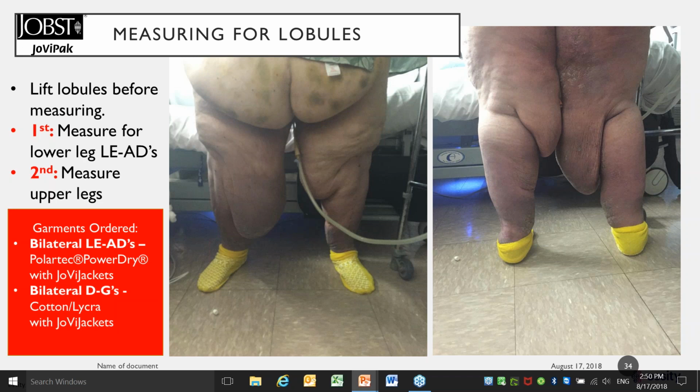You want to measure this heavy and soft lower leg tissue very carefully, and you want to consider that that lymph needs to drain into the tissue when it is slightly lifted in the garment. So while the patient is supine, gently lift that tissue, secure it with plastic wrap or a light bandage, and then measure.